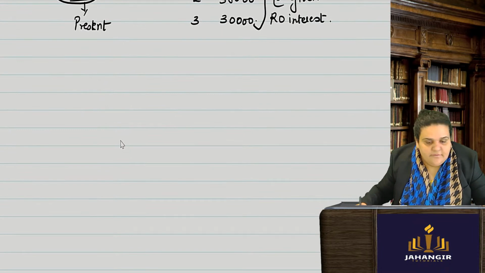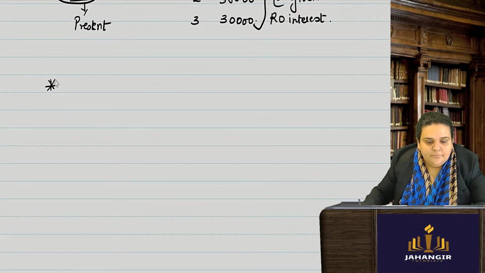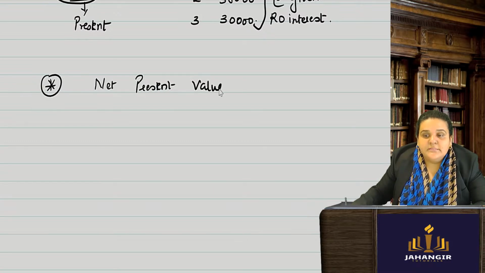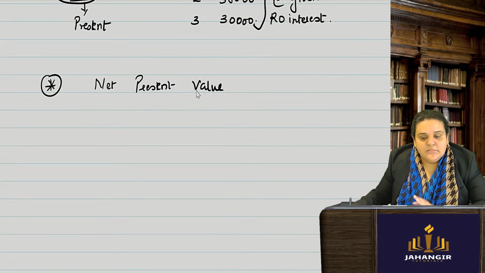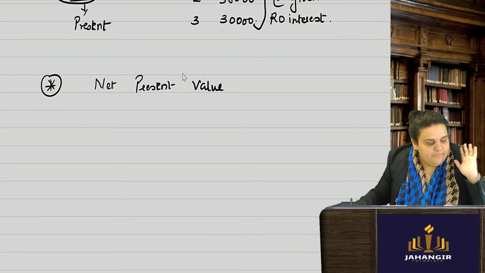Now what is the net present value method? So now I am coming to the important method, net present value. All the exam sums are based on net present value, time value of money.